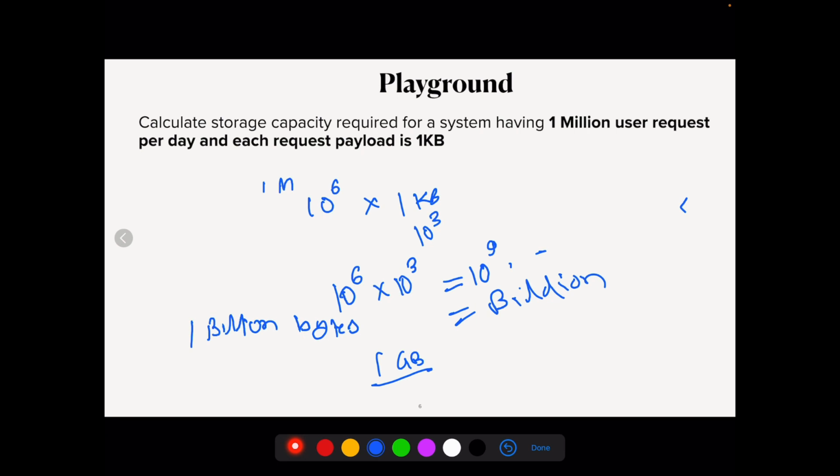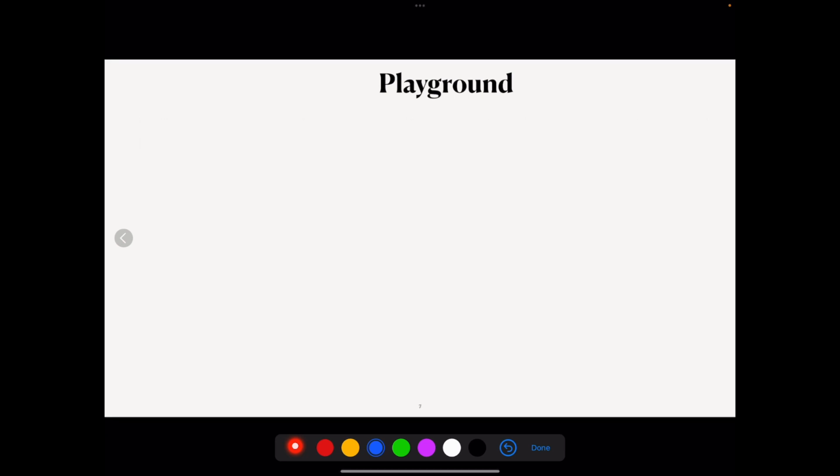Similarly, if we want to store this data for 1 year, how much space will be required? We can multiply 365 days by this 1 GB and get 365 GB. So 365 GB of storage is needed to accommodate this many requests.